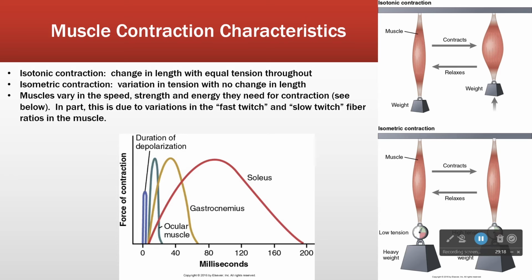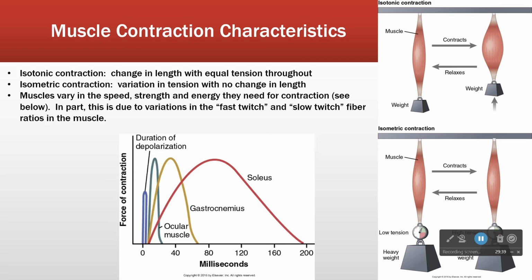Fast twitch fibers are great in parts of the body that move quickly but don't have to exert a ton of force for a long time. Think of your eye muscles. Your ocular muscles respond very quickly, but it's not like they're holding anything heavy.